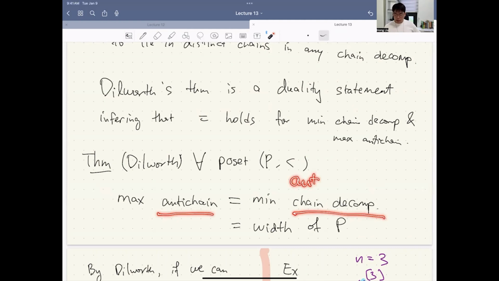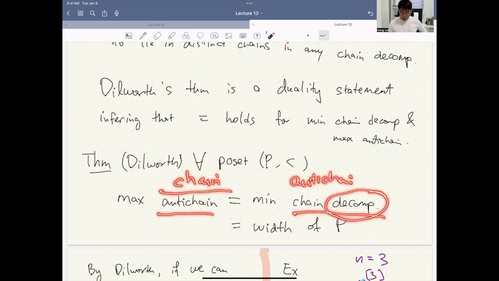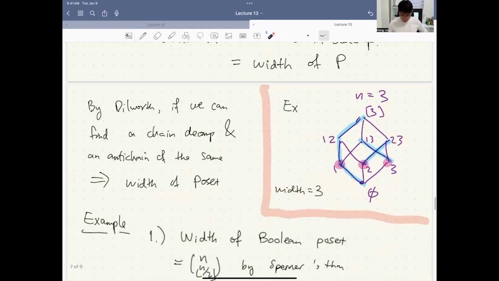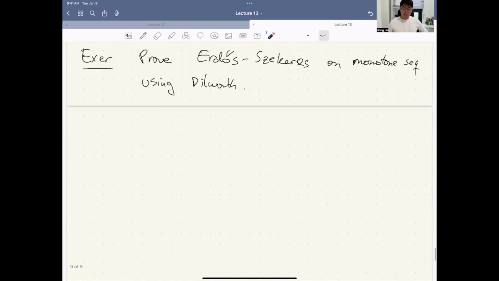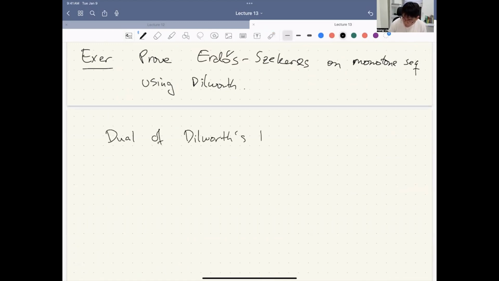Why not anti-chain decomposition and compare it to a chain? Okay. Well, that's exactly what Mirsky's theorem is doing. The dual of Dilworth's theorem is Mirsky's theorem.